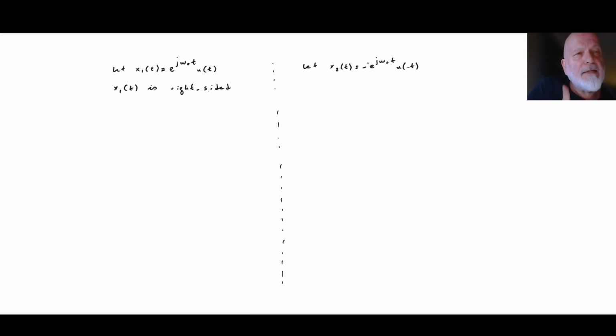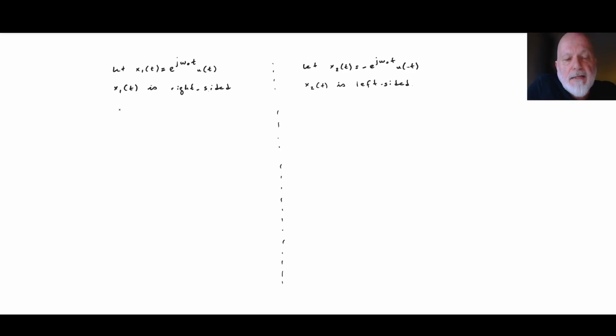So just to obtain the same expression, I put a minus sign over there in x2 of t. So x2 of t is left-sided.